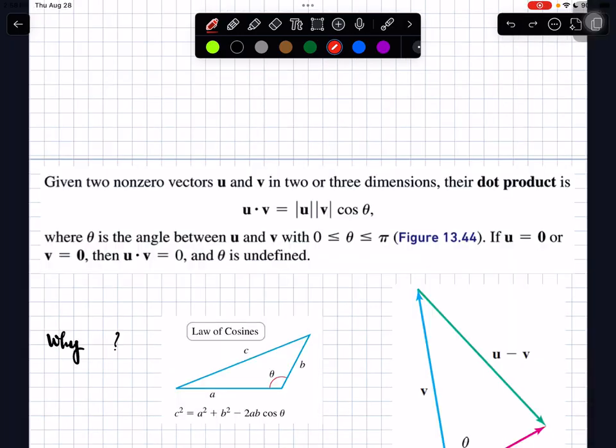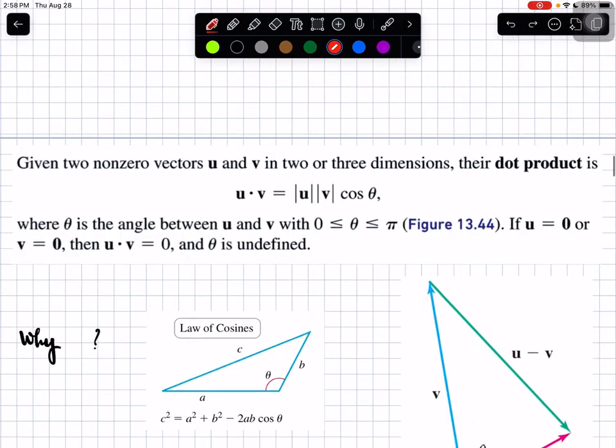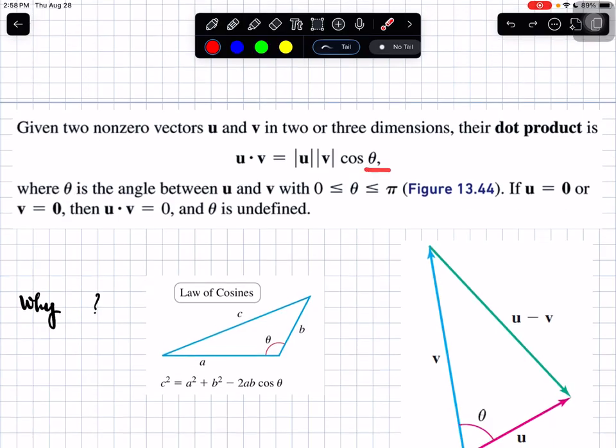Given two vectors u and v that are non-zero, their dot product can be computed by this formula: the length of u times the length of v times the cosine of the angle between them. The angle theta between them is between 0 and pi.